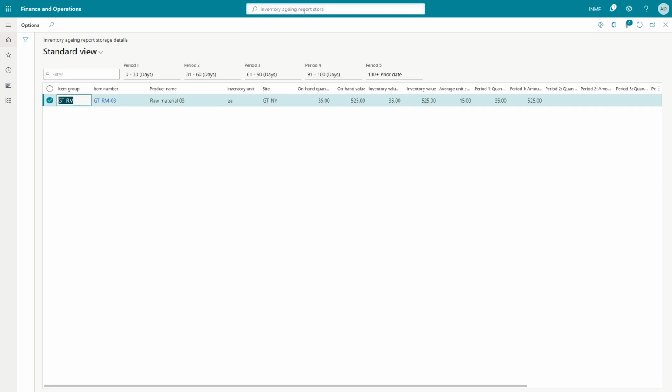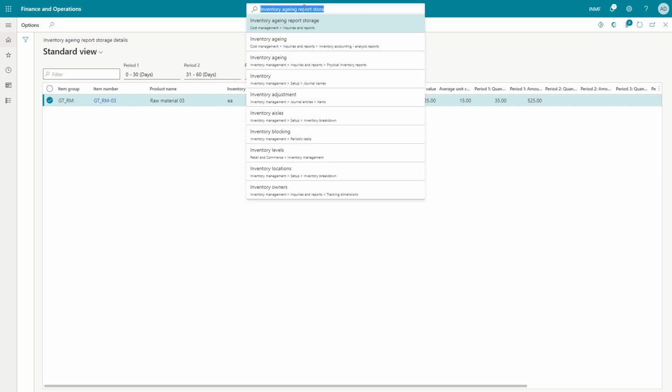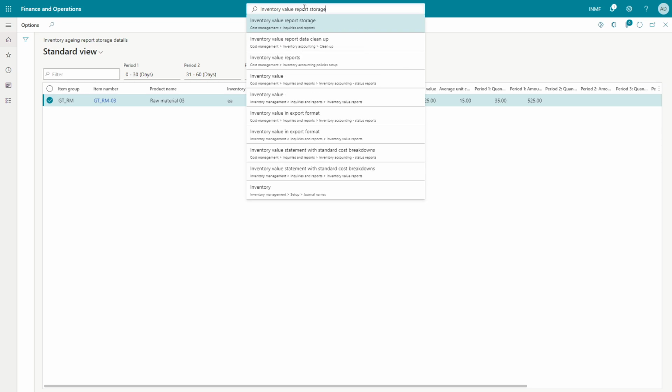Okay. Let's see the inventory ledger. Inventory ledger will have too many values because we cancelled the weighted average inventory closing. So the reversal transactions will also be there, and the FIFO transactions will also be there. Inventory value report storage.